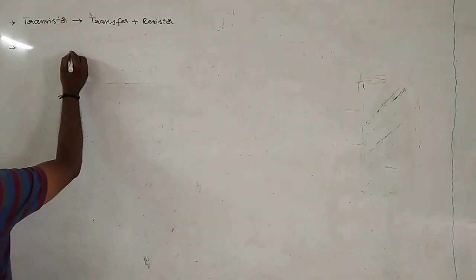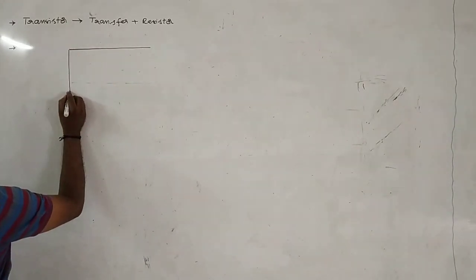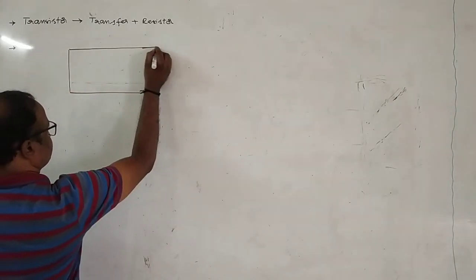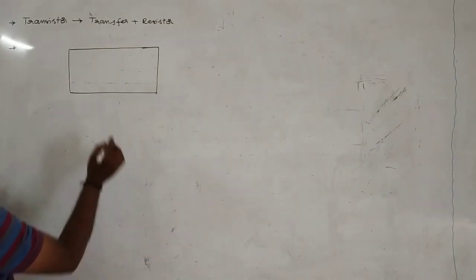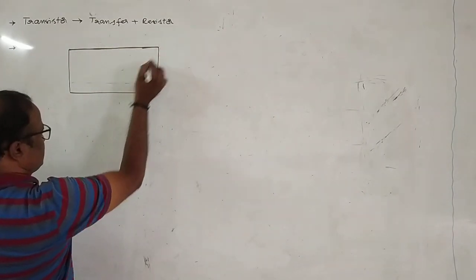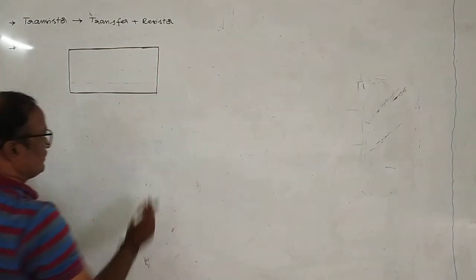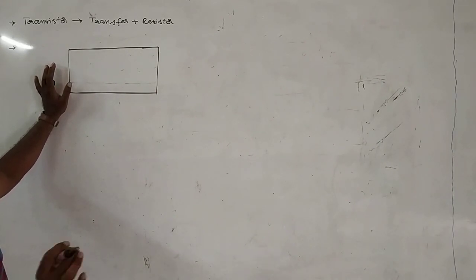Suppose here, let us consider one transistor. It is designed such that initially the whole thing is taken as a silicon material, silicon or germanium, whatever. In general, silicon is preferred over germanium.